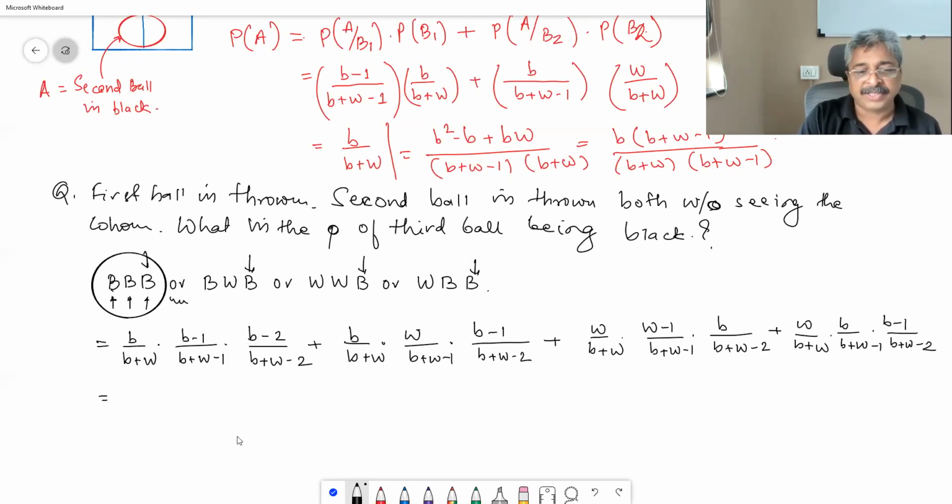Surprisingly, if you simplify this, the denominator factors, the bad factors, will get cancelled, and eventually after simplification you will get the answer B upon B plus W.